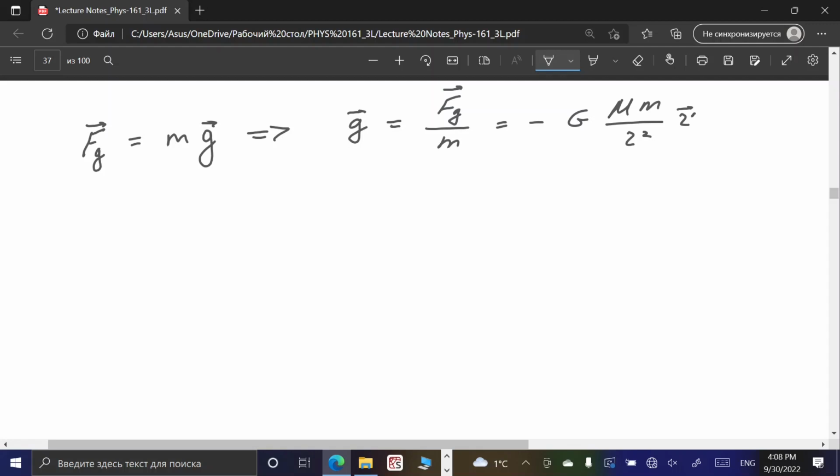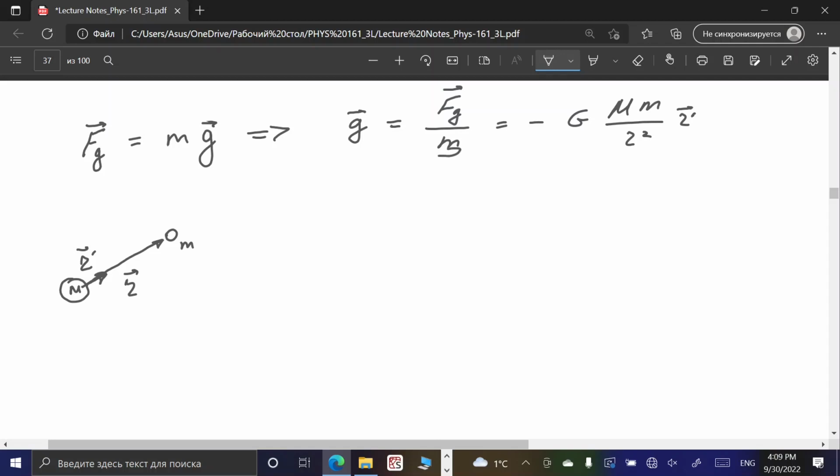So what it means is, we have a star, we have a planet, and here is a position vector r, which defines the position of the planet with respect to the center of the star. And here is this r prime, the unit vector, which defines the orientation of the position vector.